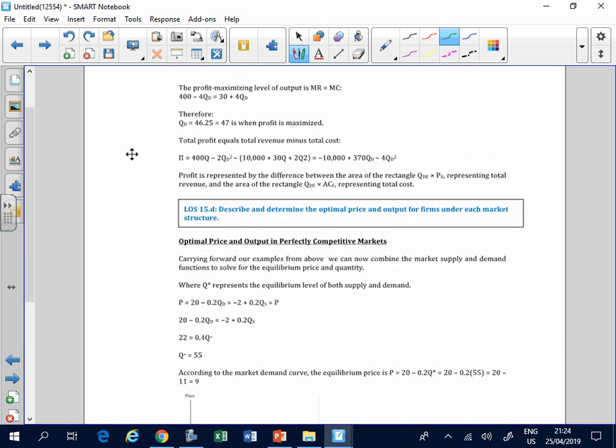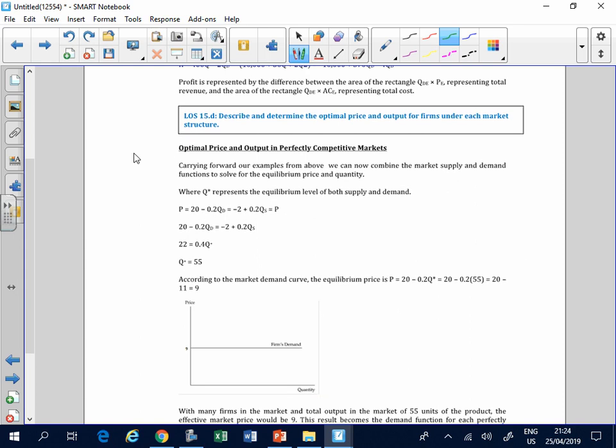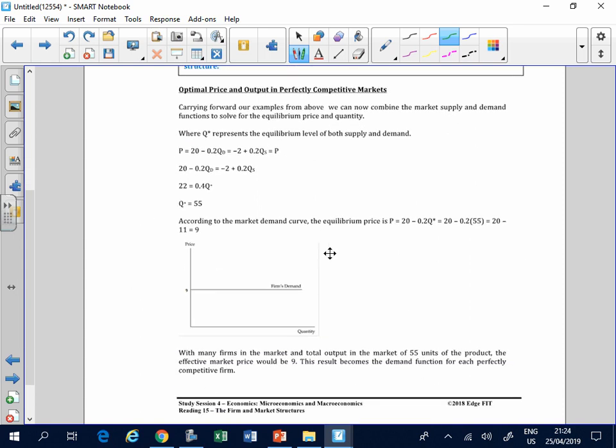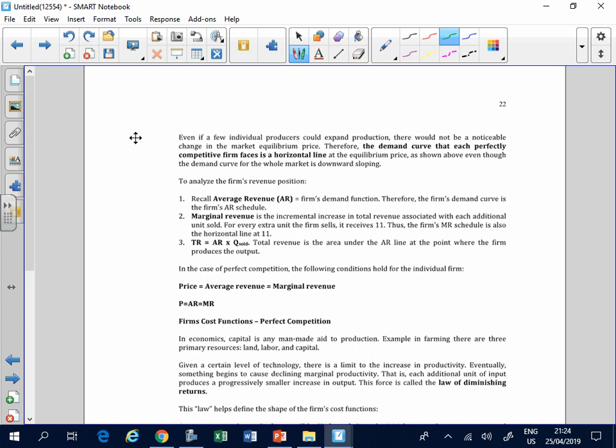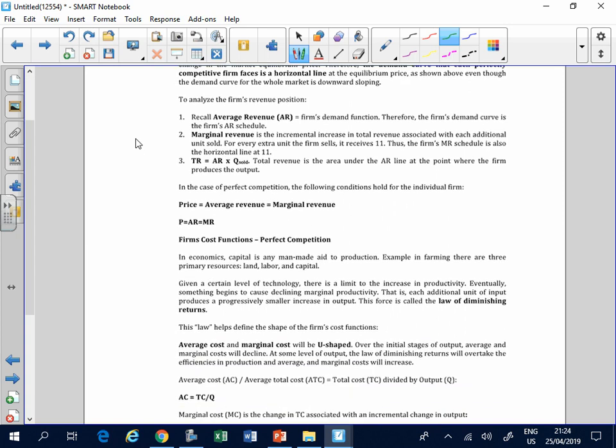Okay. Now, let's see. We don't need to do any of this. You must be able to work it out. That's a perfectly competitive market. We don't need to worry about that. We've spoken about this before. Does everybody understand this one thing just before I move on? You will probably get a question on this. The price is equal to the average revenue is equal to the marginal revenue for a perfectly competitive market.